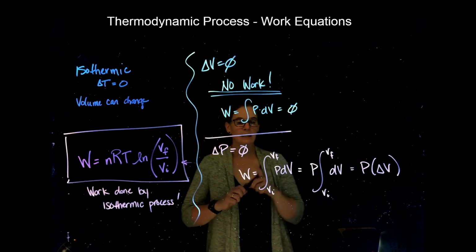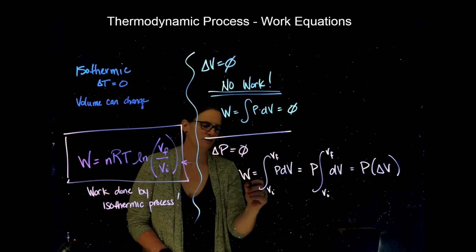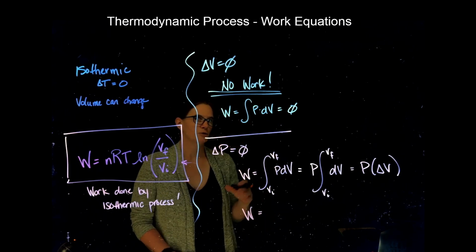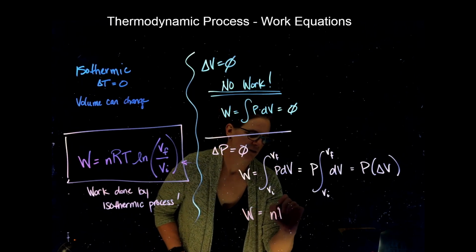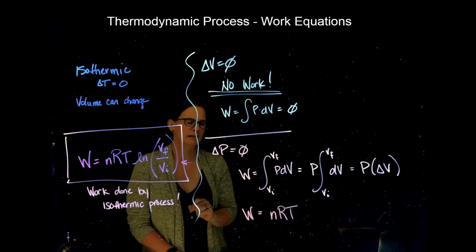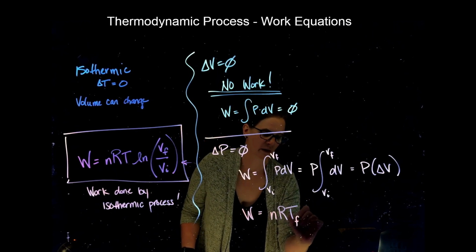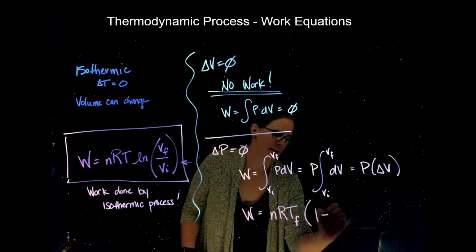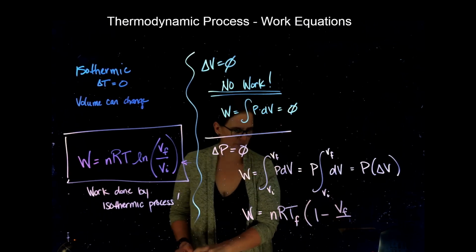Now, we're going to look at it in two ways. One is just the pressure times the change in volume, if I know the pressure. But if we remember that the pressure is nRT over V, this is going to be nRT, at the temperature wherever we're ending up, times 1 minus V final over V initial.